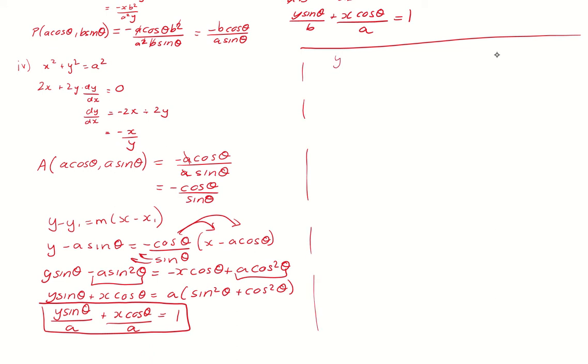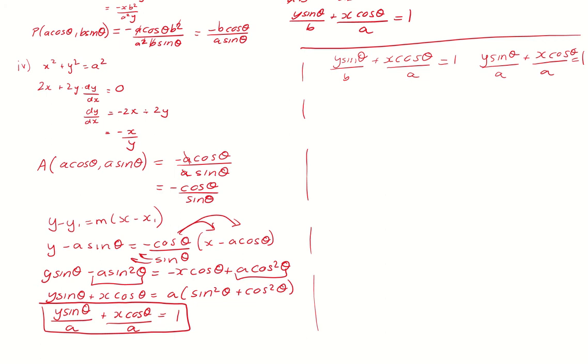I've got y sine theta on B plus x cos theta on A equals 1. And I've got y sine theta on A plus x cos theta on A equals 1. So solving these two simultaneously, I'm just going to rearrange one of them and sub it into the other.